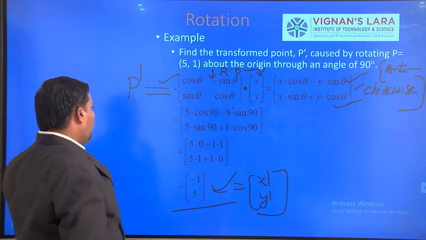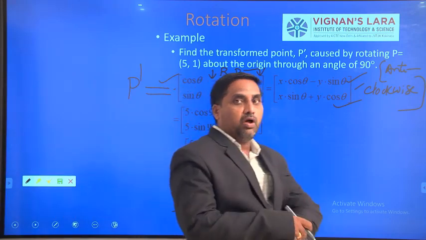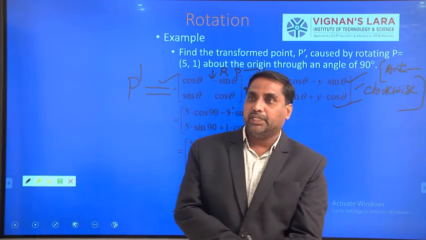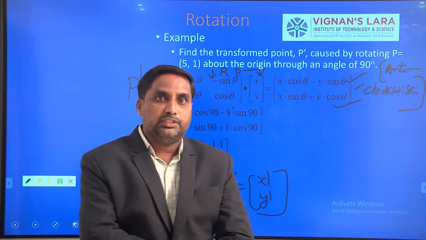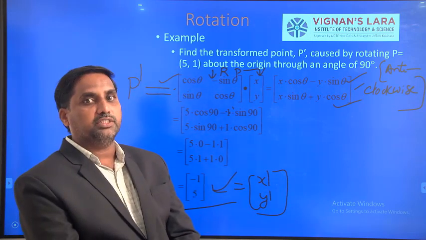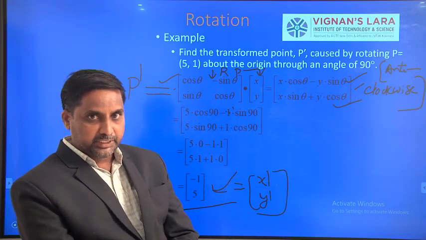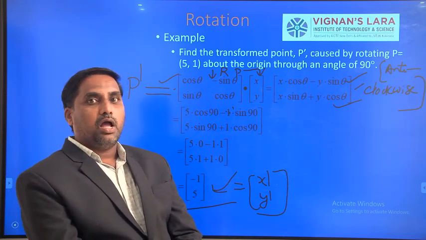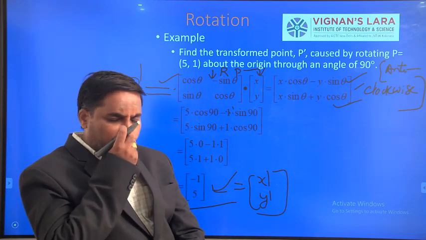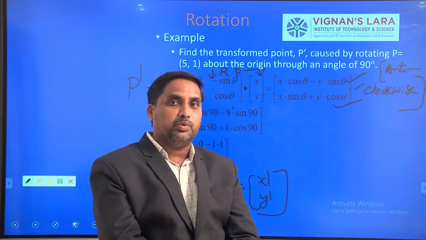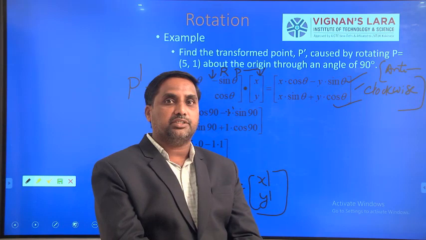So what we have learned up to now is the first topic, rotation in the 2D coordinate system. For that I have considered a point P first. Then I have derived the final position of the point P in terms of x dash and y dash.